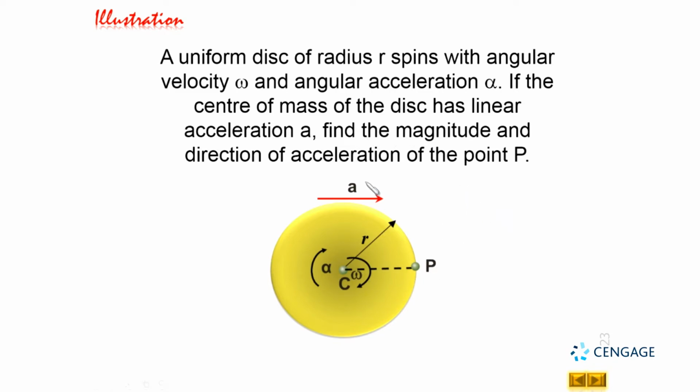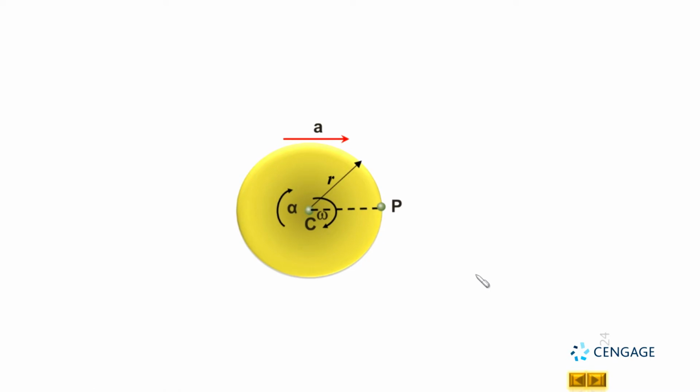So what we need to do? We know in circular motion or rotation motion, two directions are important. One is tangential, second is radial direction. So first we will consider the acceleration of P with respect to C. Now let us consider the radial direction first.